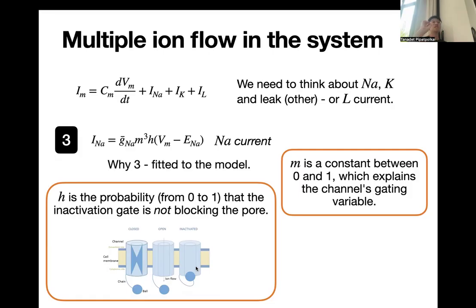And this is a probability of when the inactivation gate is not blocking the pore, so when it's allowing the ion to go through. So the sodium channel, almost like a timer, can open for a certain period of time, then it would decay itself to shut down. And hence why, when you go to the top, at a certain point, you reach the peak because the system deactivated itself. The sodium channel deactivated itself.